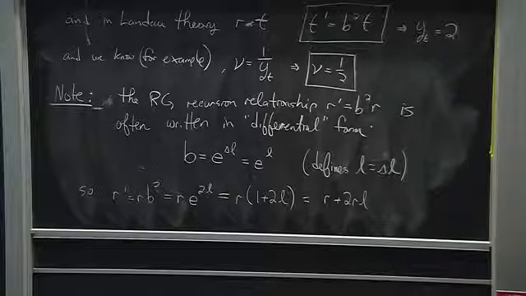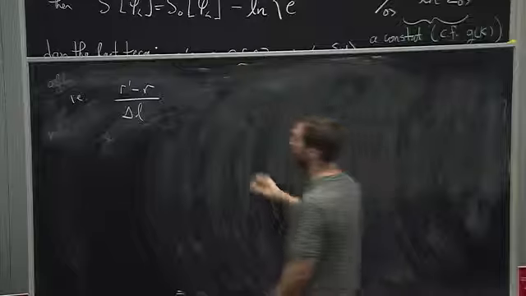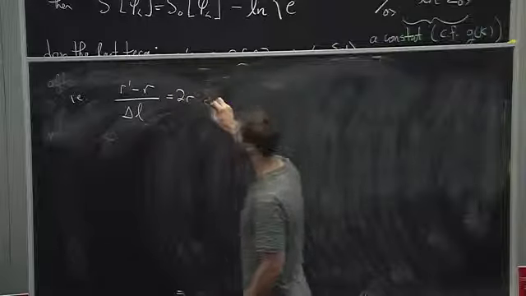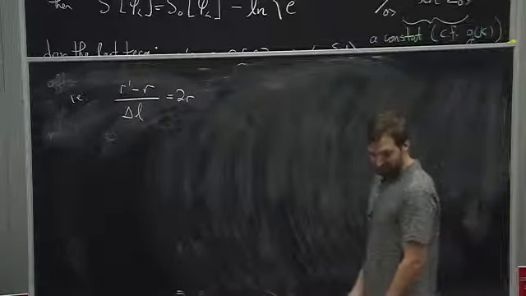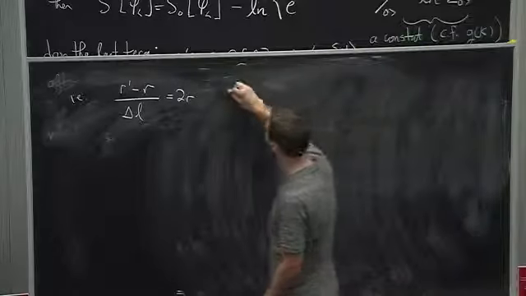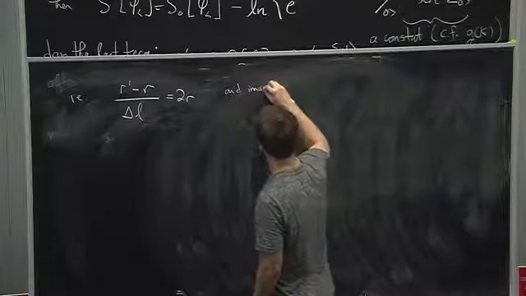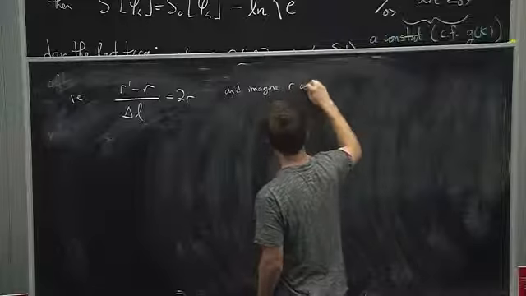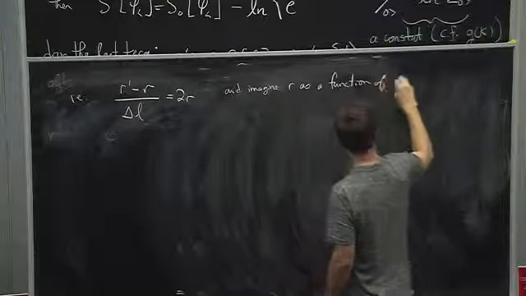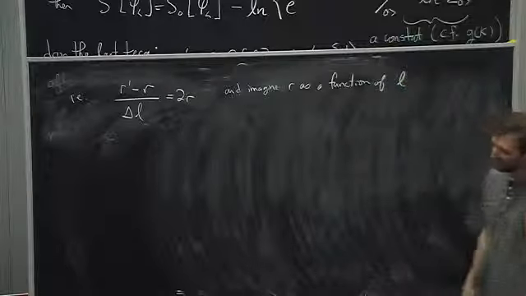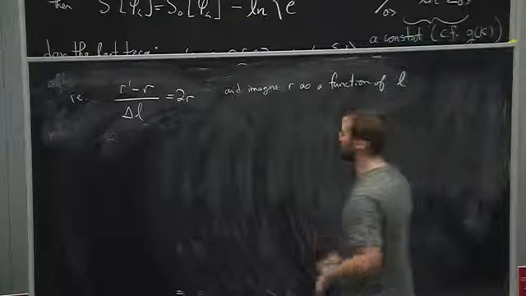So that derivative looks like, I'll call it r prime minus r. It's like how your variables depend on that RG step. So in this case, it looks like that. L parameterizes the RG step.